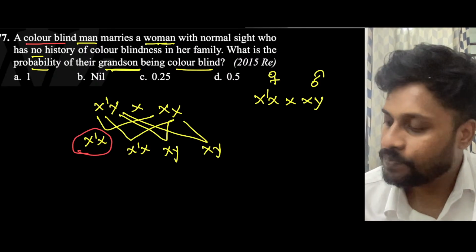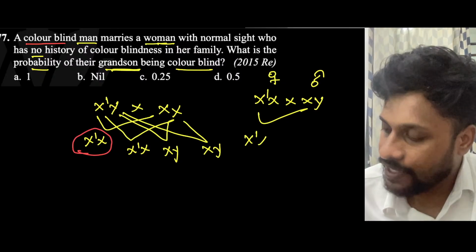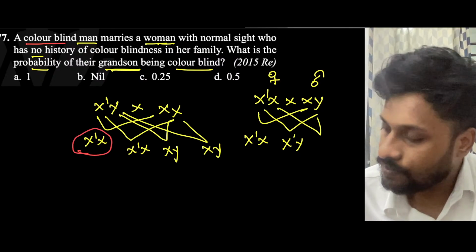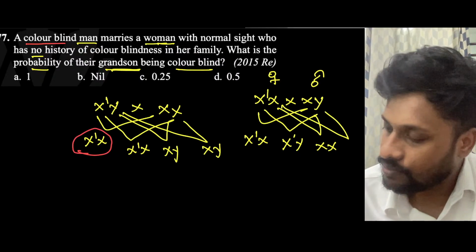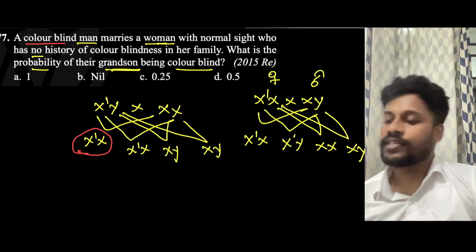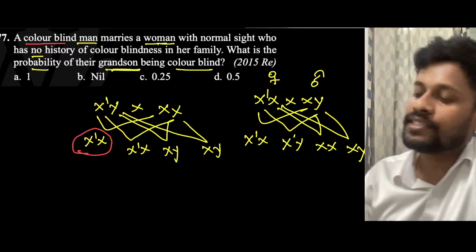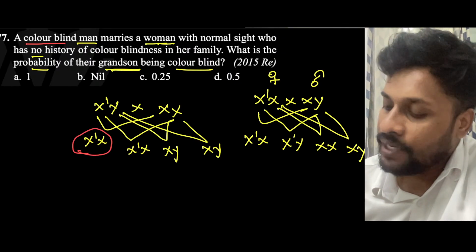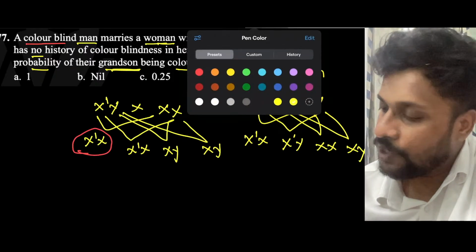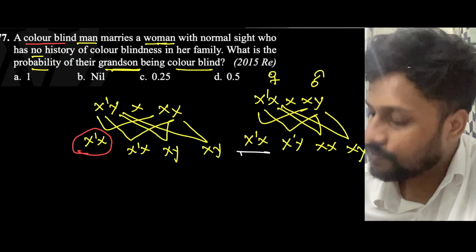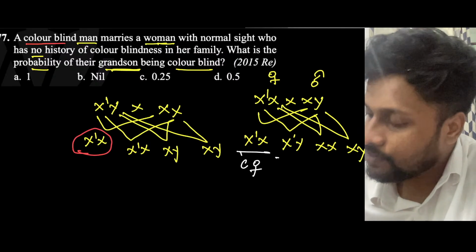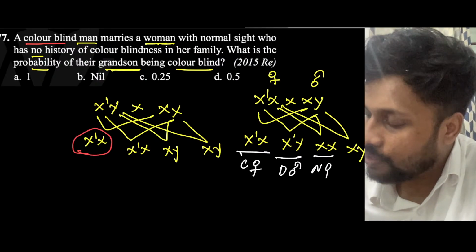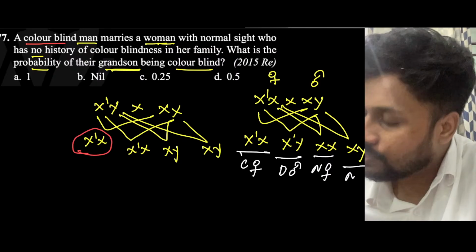Now let me cross it. X dash X, X dash Y, XX, XY. Now what they're asking, what is the probability of their grandson being colorblind? What is the probability, guys? Here you see, this is carrier daughter. This is diseased son. Normal daughter. Normal son.